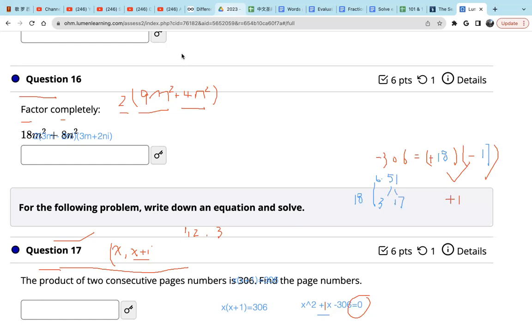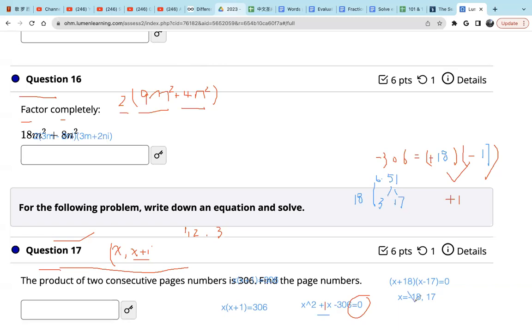So this can be factored as (x plus 18)(x minus 17) equals 0. Then you use the zero property, and we get two solutions: x equals negative 18 and positive 17. Of course, we don't count the page negatively, right?